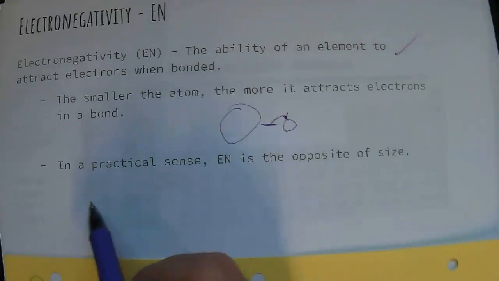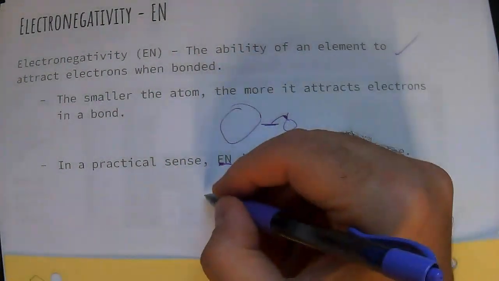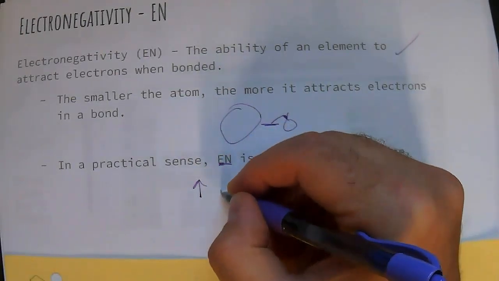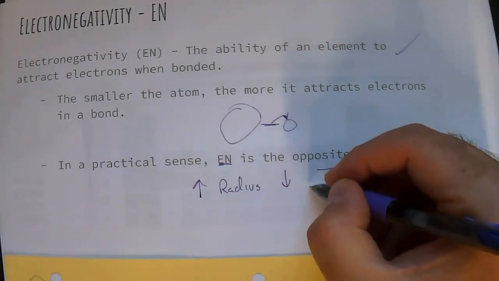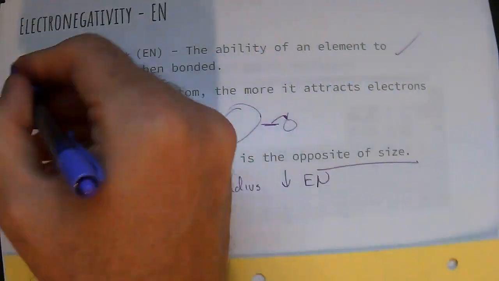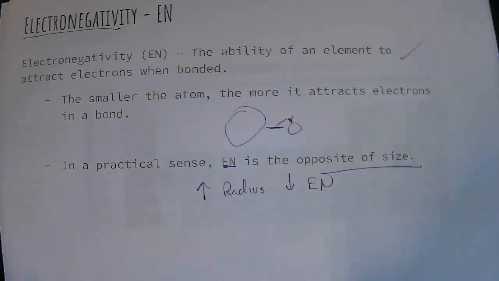So in a practical sense, electronegativity is the opposite of size again. So the larger the radius, the smaller the electronegativity. I don't want to have to keep writing out electronegativity. That's a 16-letter word that just gets annoying to write out.